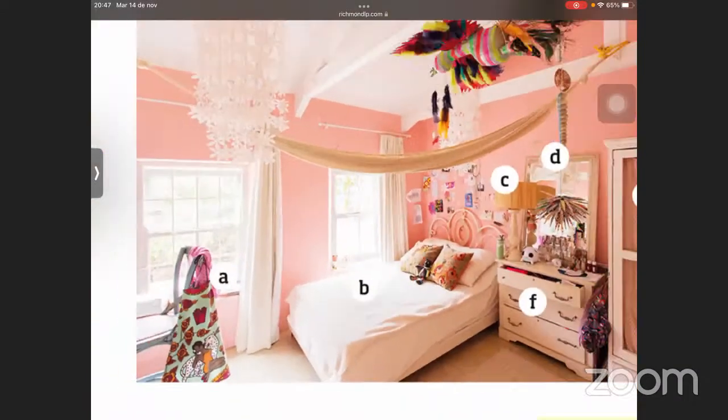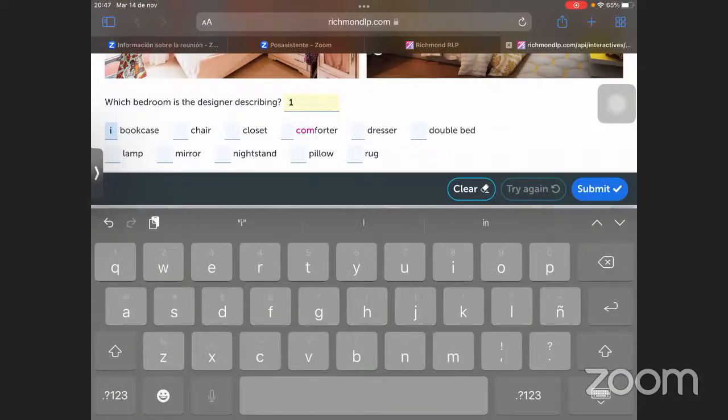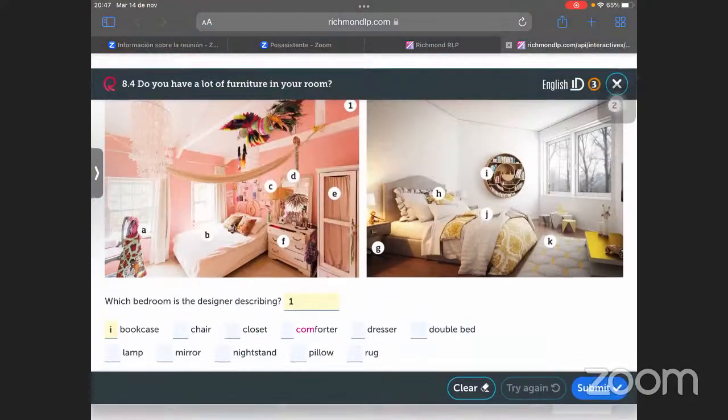E. That's a window. Sorry. I. Letter I. I think you want to say I. Okay. Chair. What's a chair? The A. Yes, of course.